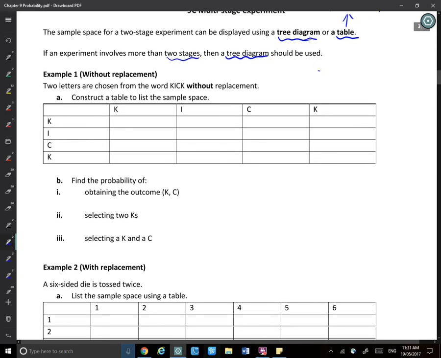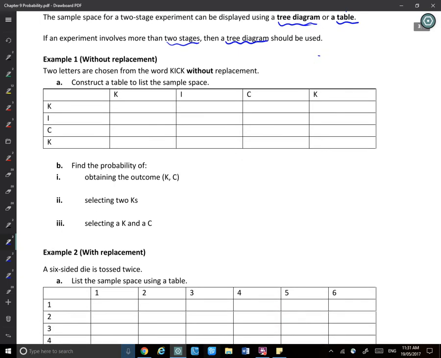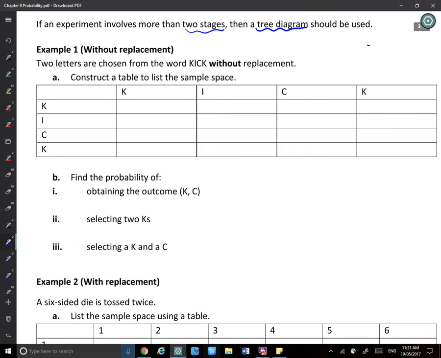Example 1, without replacement. Two letters are chosen from the word KICK without replacement. If it's without replacement, I won't have exactly the same letter twice.